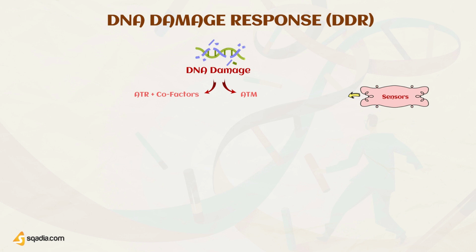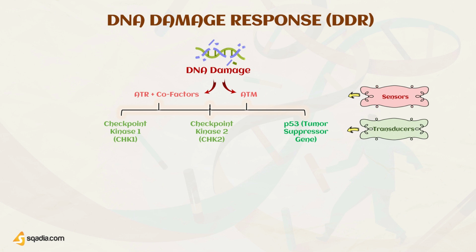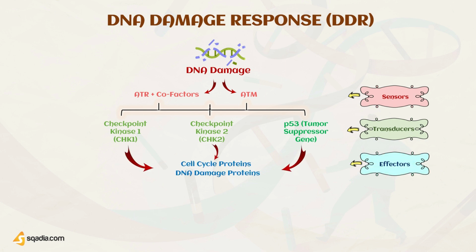Then, the damage signal is amplified through activation of downstream kinases, such as checkpoint kinase 1 and checkpoint kinase 2, and transcriptional activator, like p53. This causes activation of checkpoint pathways, like G1/S and G2/M, to halt cell cycle progression and allow for DNA repair.